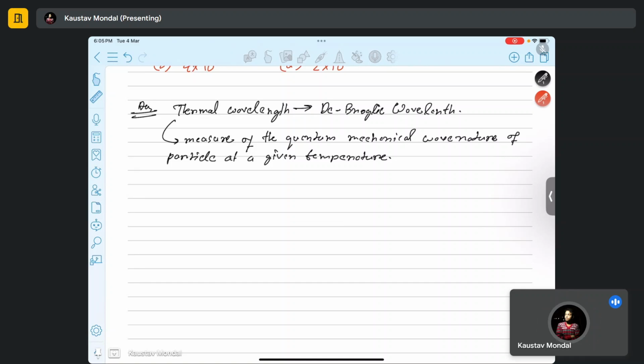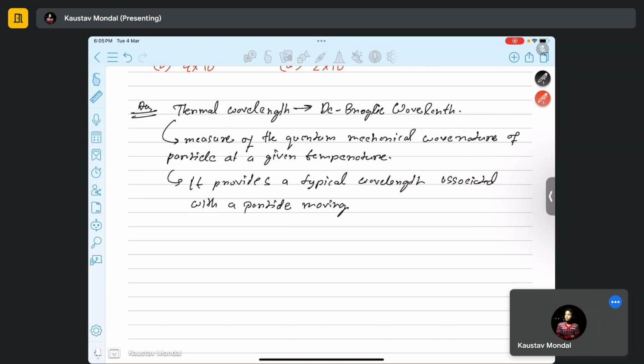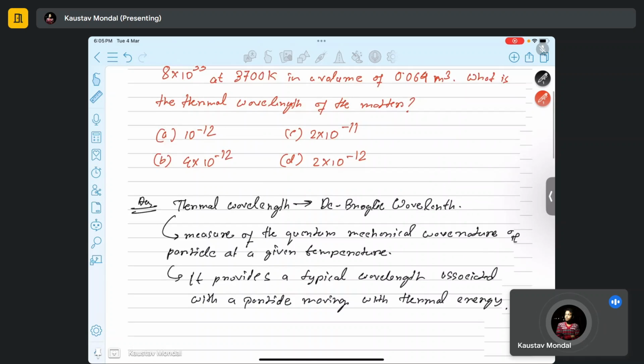It is a wavelength, so it provides a typical number: the wavelength associated with a particle moving with thermal energy. So this is basically the definition of thermal wavelength.